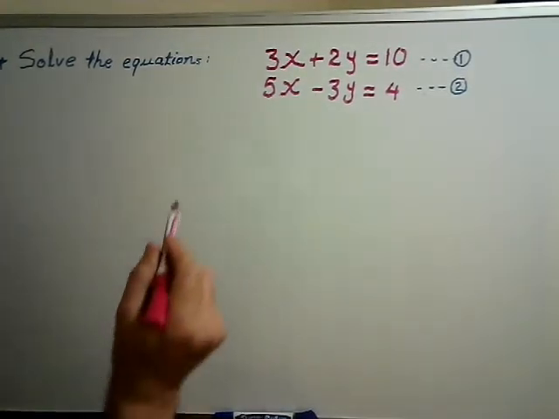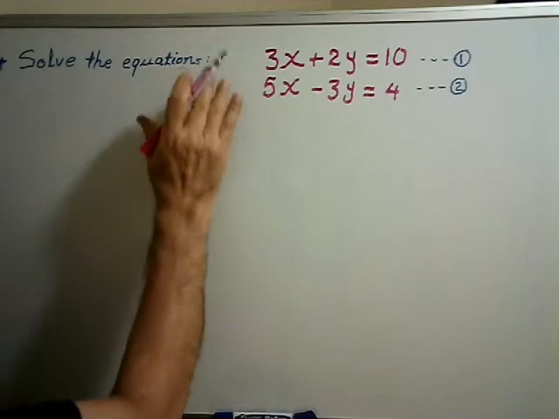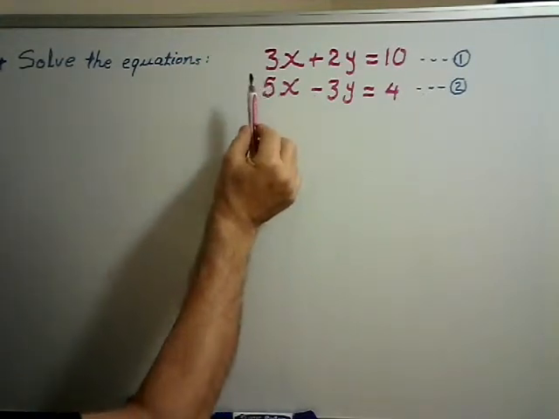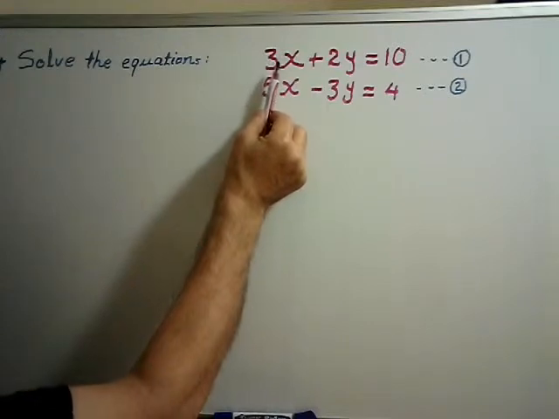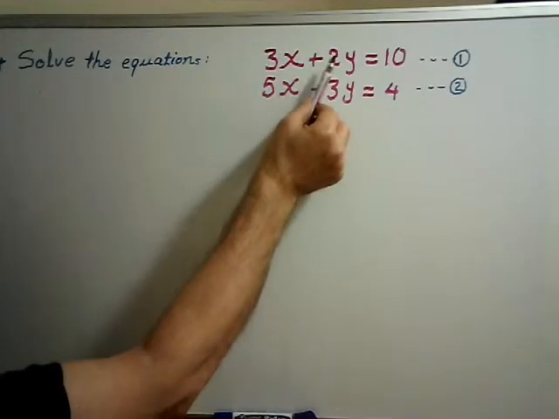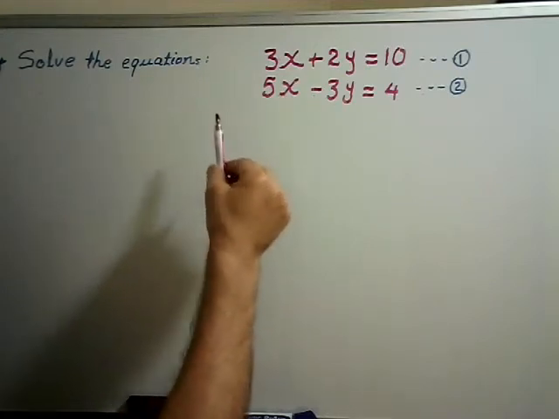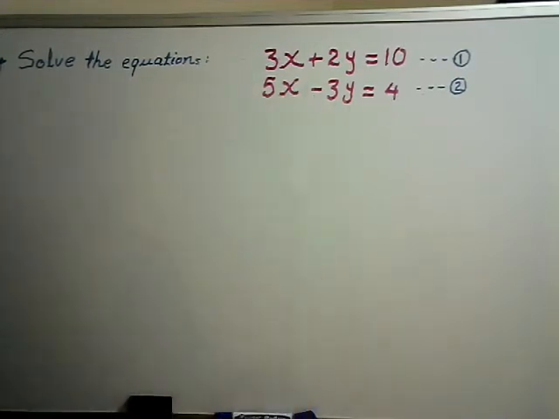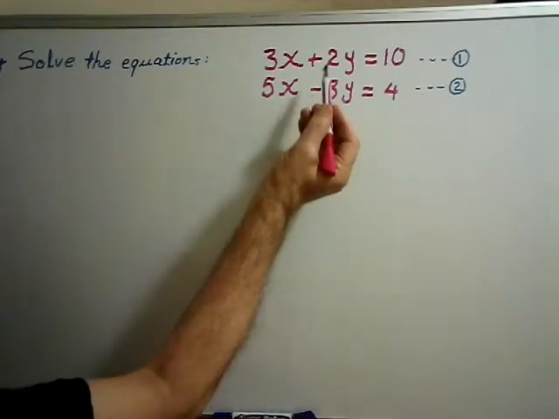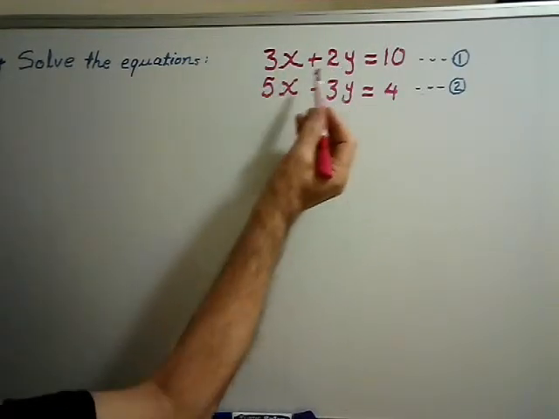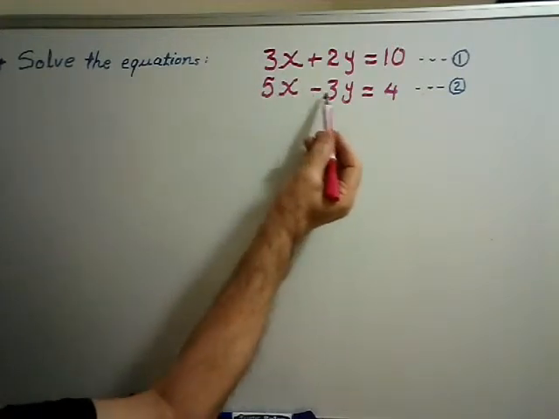Now the first way to solve these two equations, we can eliminate the variable x or variable y as the first step. To do this, we multiply the first equation by 3 and the second one by 2.